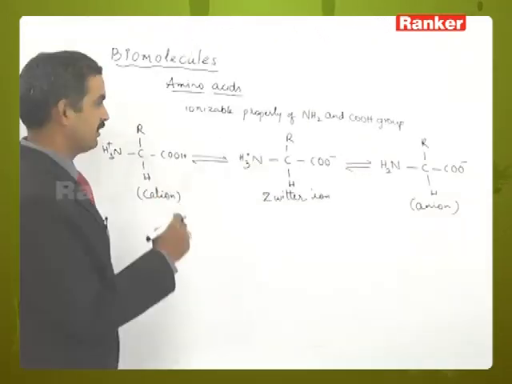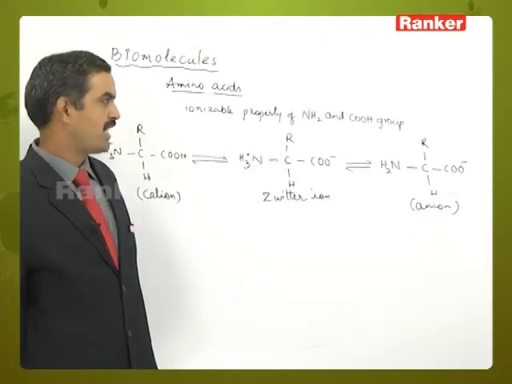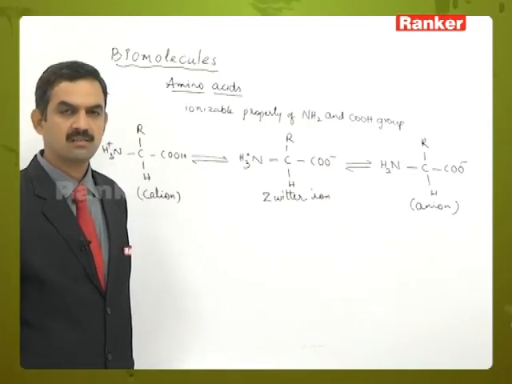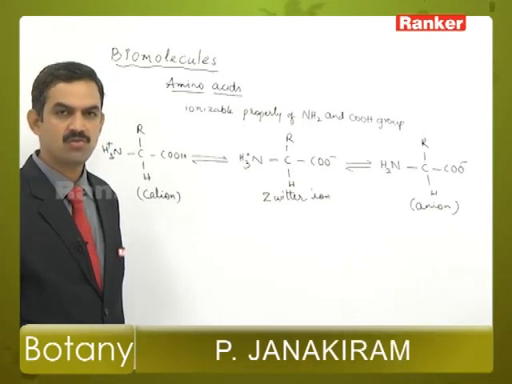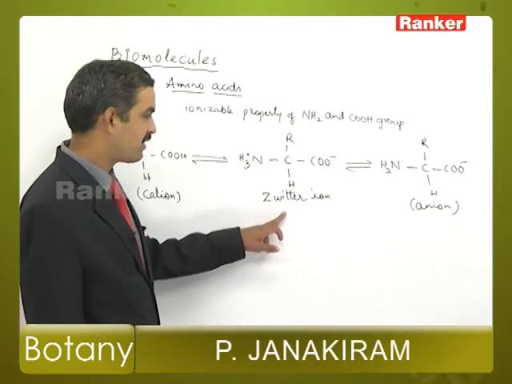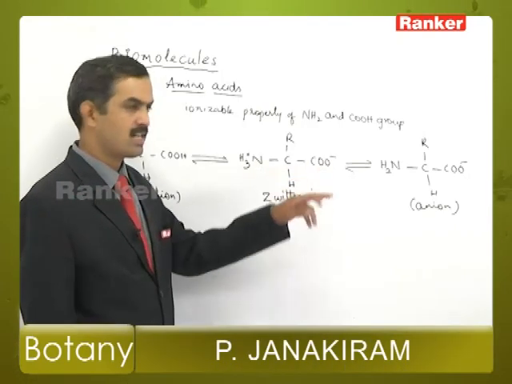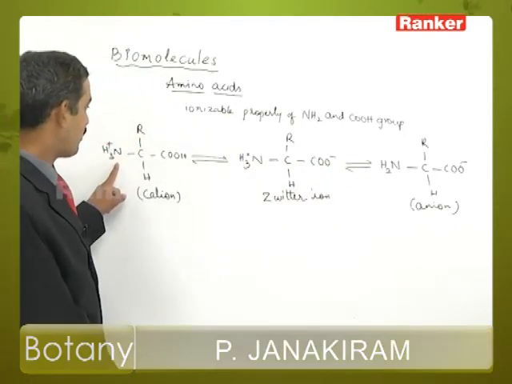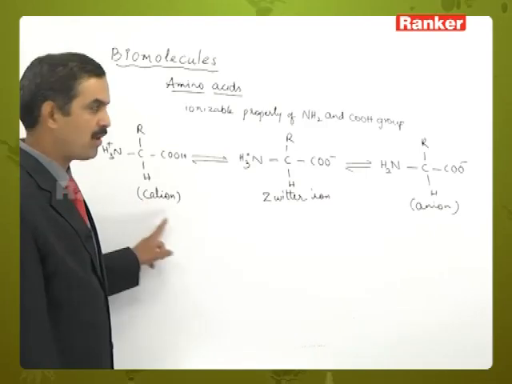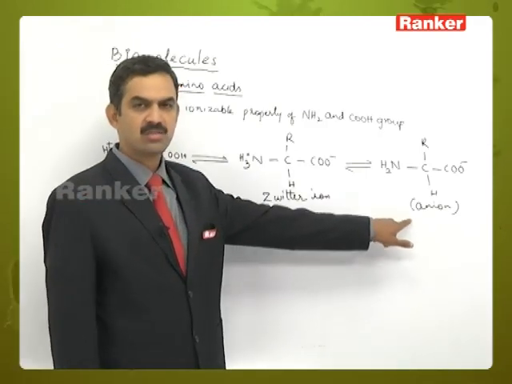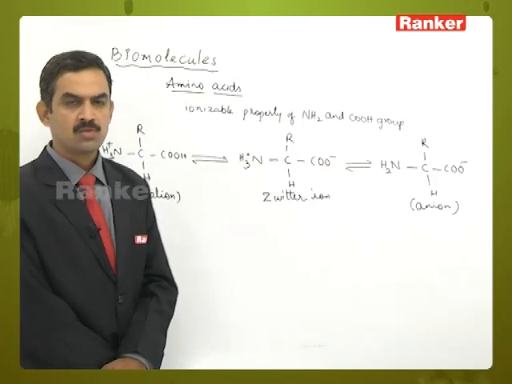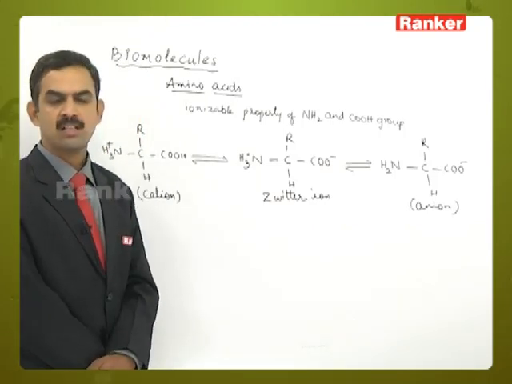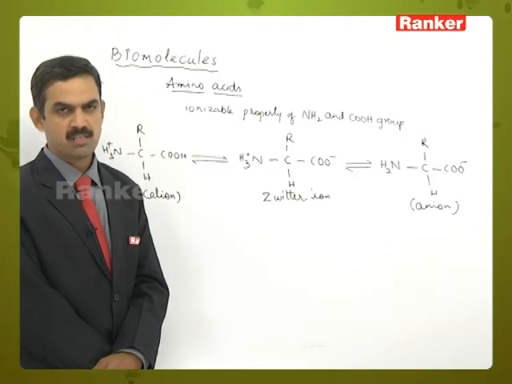Likewise, because of the ionizable nature of NH2 and COOH, in different pH the nature of the amino acid will change. This is called the zwitterionic form, where both the positive charge and the negative charge are present on it. Whereas here only the positive charge is present, so it is a cationic form, and here only the negative charge is present, so it is an anionic form. Likewise, it will exist in different forms based on the pH of the solution in which it is present.